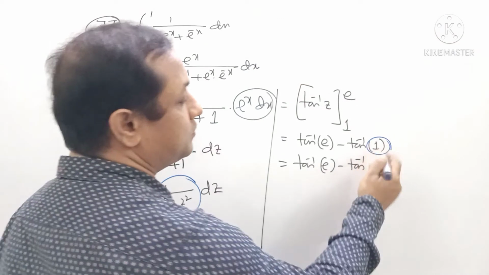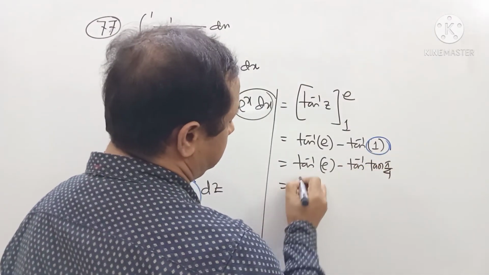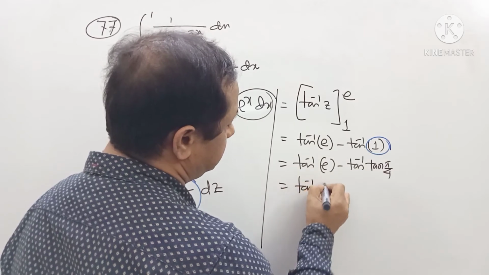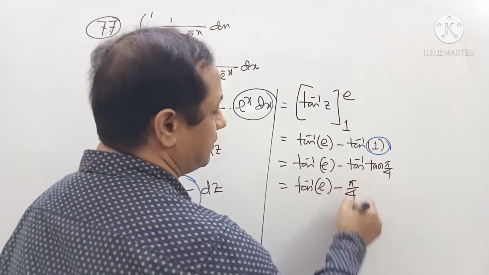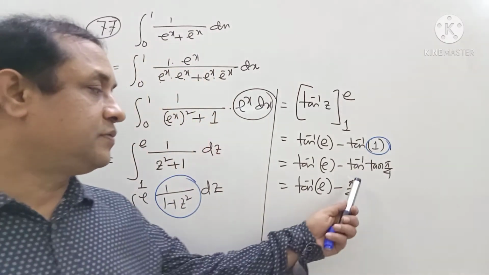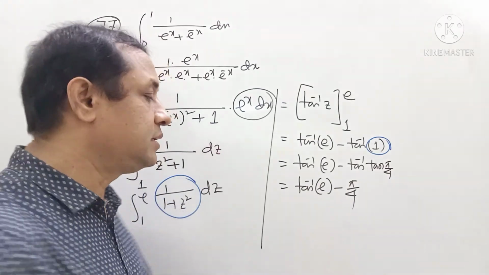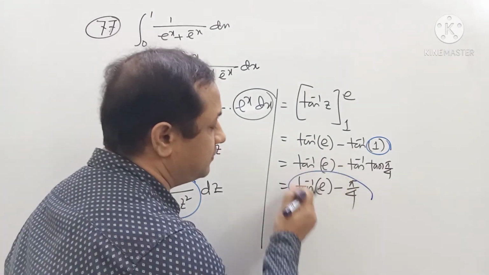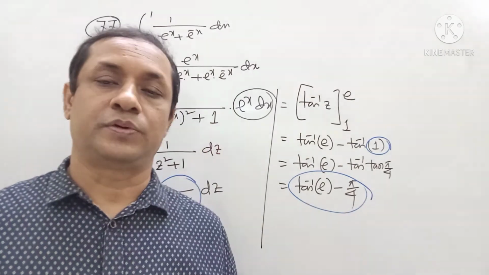So putting 1 equals tan pi by 4, tan inverse e minus tan inverse tan pi by 4, and tan inverse tan pi by 4 equals pi by 4. So the result will be tan inverse e minus pi by 4.